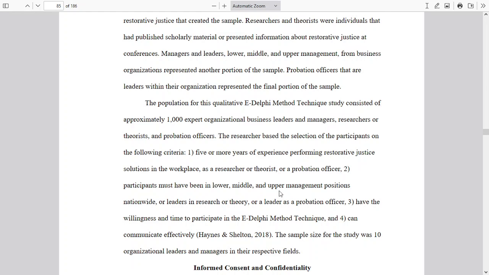Participants must have been in lower, middle, or upper management positions nationwide, or leaders in research or theory, or a leader as a probation officer. Have the willingness and time to participate in the E-Delphi Method Technique. And 4, can communicate effectively. The sample size for the study was 10 organizational leaders and managers in their respective fields.